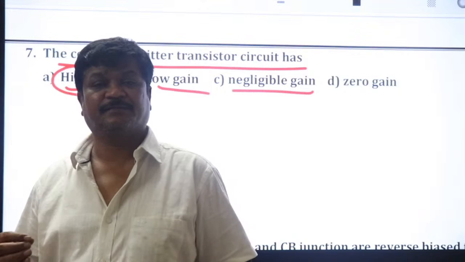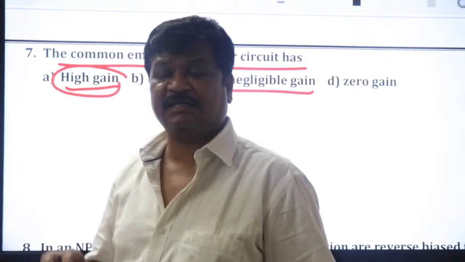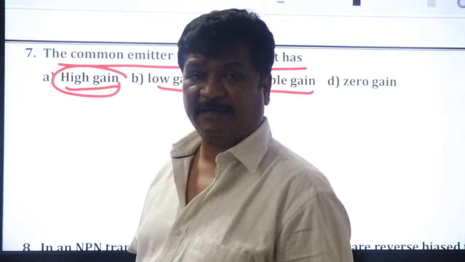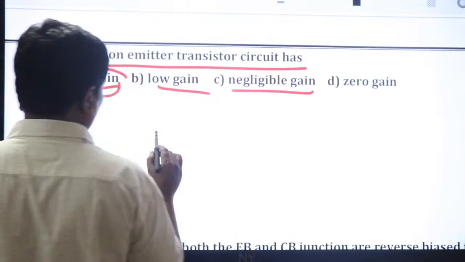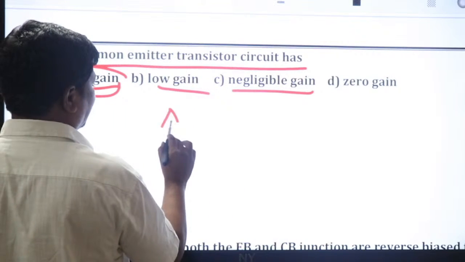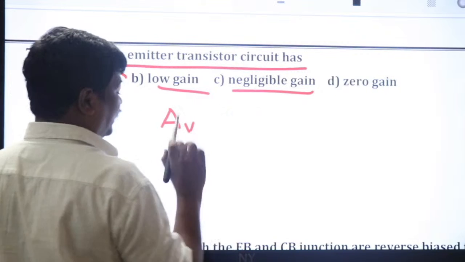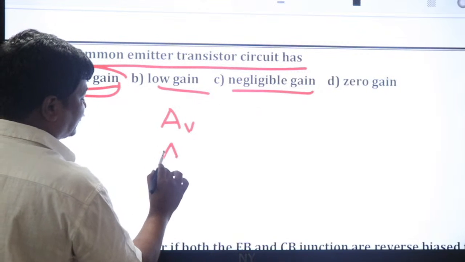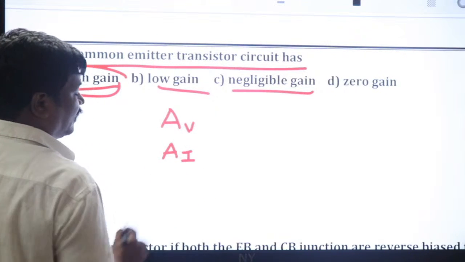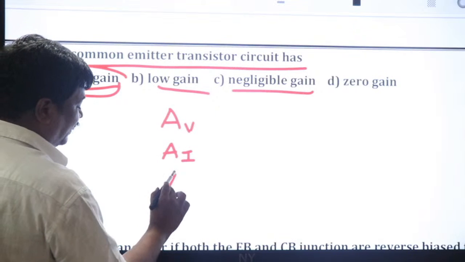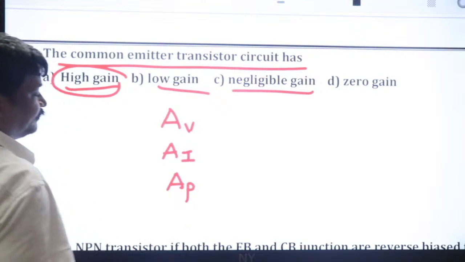My question is, which configuration has high voltage gain? Which configuration has high current gain? And which configuration has high power gain?